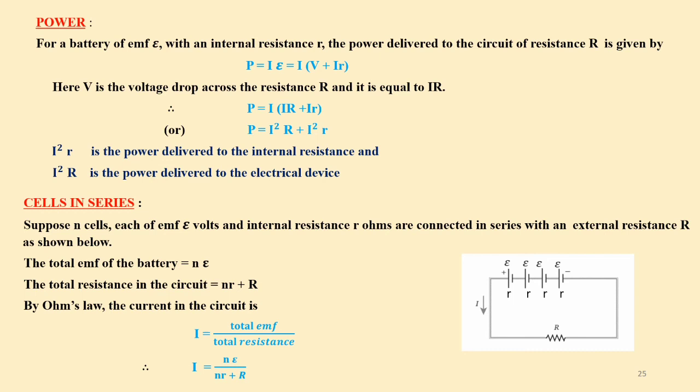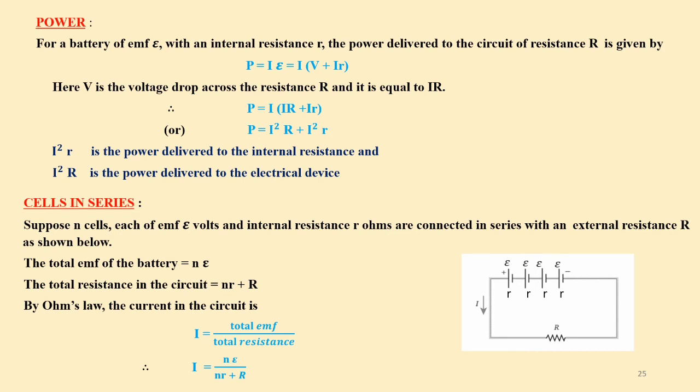Look at the circuit. In the circuit there are some cells of EMF E each connected in series. When the negative of one cell is connected to the positive of the other cell in sequence, they are said to be in series. Now the entire series combination of the cells is connected across an external resistance R.